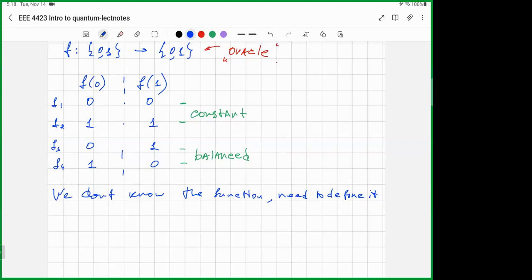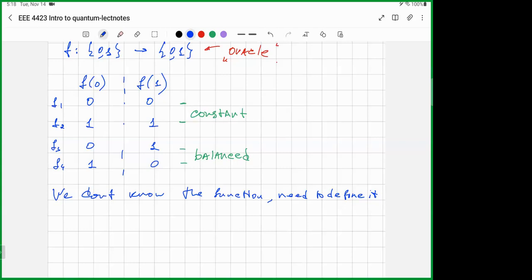And classically, of course, we can simply look at one side of the coin and look at the other side of the coin and check if these two sides are different or not, right? So it's equivalent to two measurements of the coin, or in our case of this oracle function.